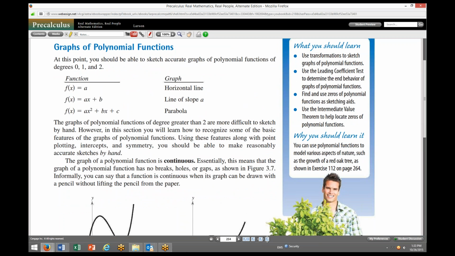The simplest polynomial functions we've discussed already, where it was just x to the first and then x to the second, and you can even have just x to the 0, which is where f of x is simply equal to a constant. And that constant, as you see here, f of x equals a, is actually a times x to the 0 power.